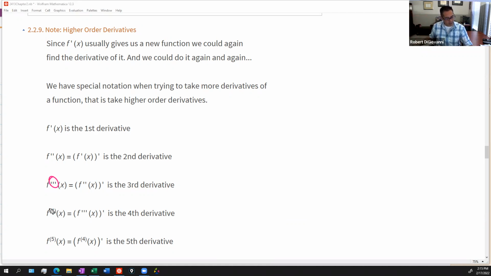So what we do instead is we write a number here in parentheses. It has to be in parentheses because look, if I write f with a 4 there like that, that means you're going to take the derivative 4 times. It's the 4th derivative. But if you write an f with a 4 here like that, that's an algebra notation.